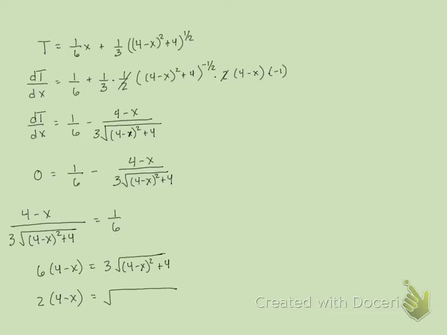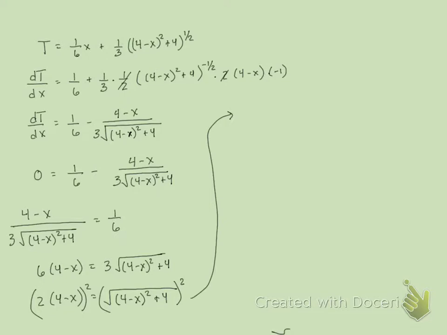until we have this. So we're still trying to solve for x here. So right here, we're going to square both sides. So I'm going to square this side and square this side. Let's bring it up here.